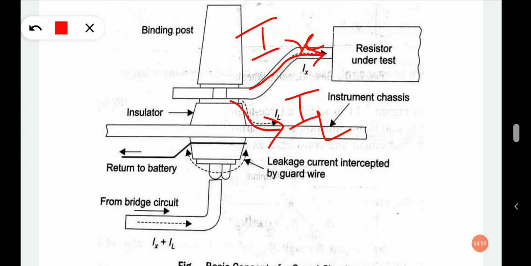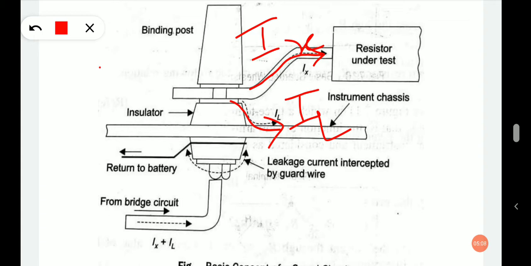However, when a guard wire is placed in such a way that it surrounds the insulated surface of the binding post, it catches the leakage current IL and returns it to the battery.